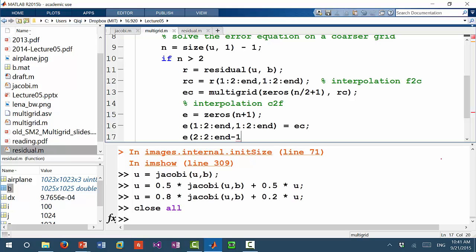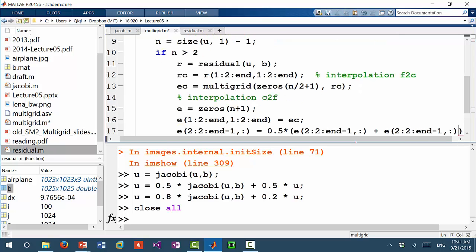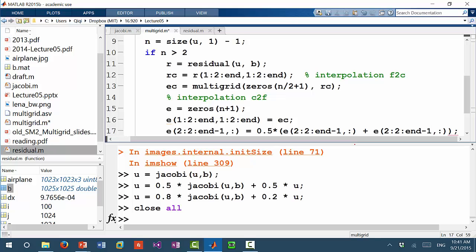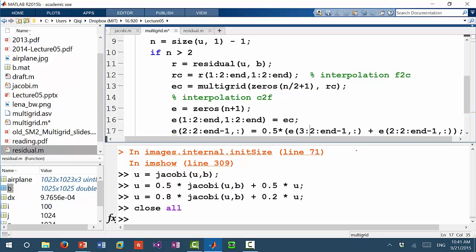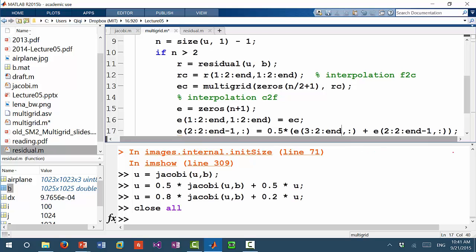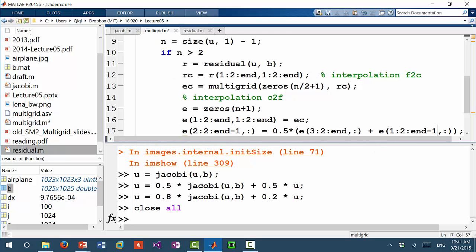That's the part I don't have values for. It is equal to 0.5 times the sum of this plus, okay, so instead of 2 to n minus 1, I have 3 to n and 1 to n minus 2, right?